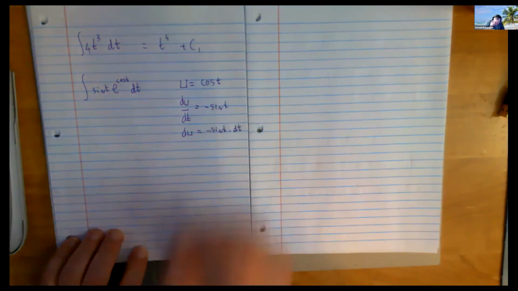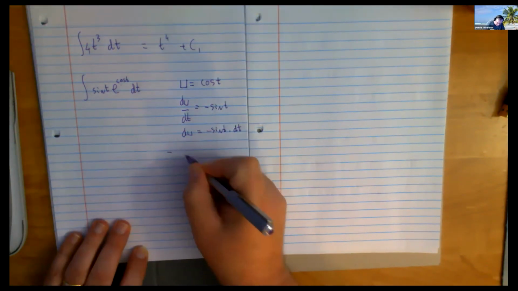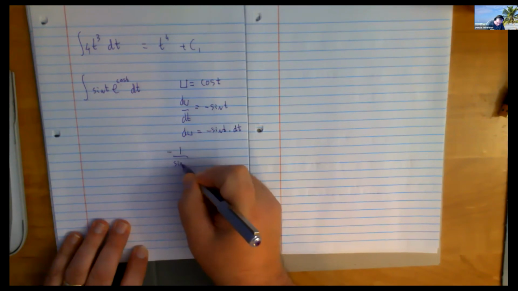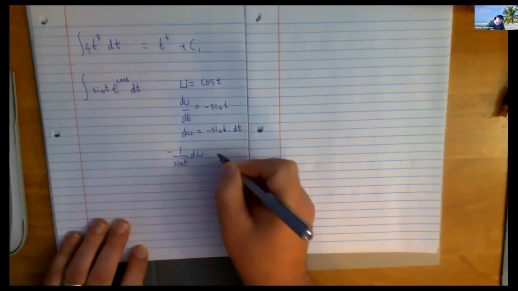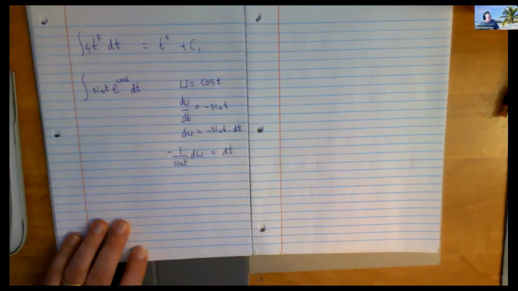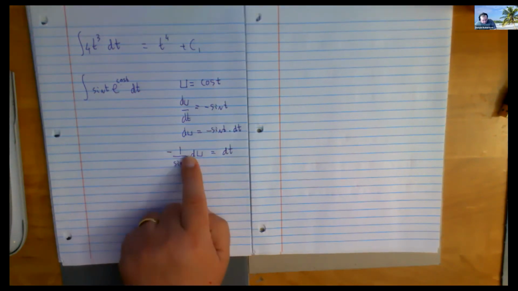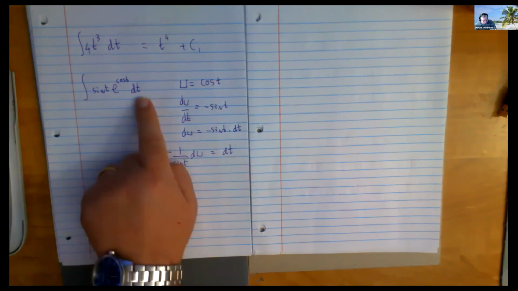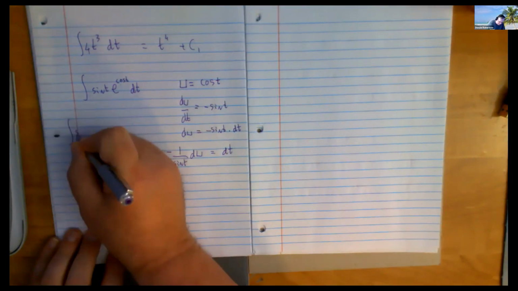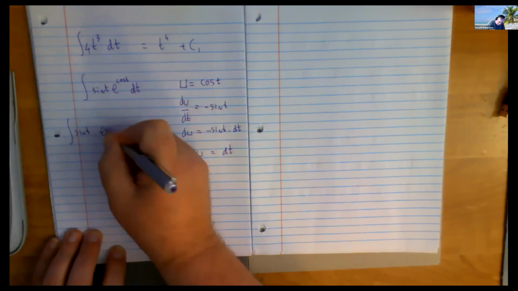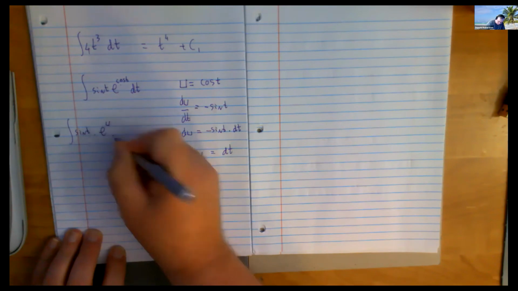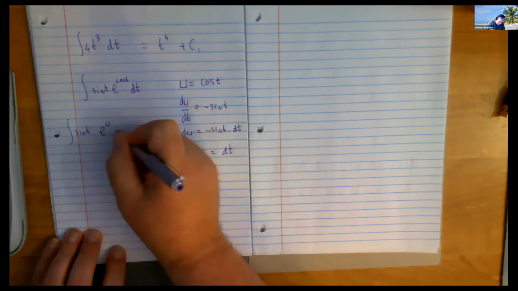In this particular case then, and this is how my brain works, I always isolate the dt. So when I'm finished, I just have dt here and whatever mess it is. The reason I do that is that all I need to do now is replace this piece. So let's see what we get. I get a sine t, which I'll leave for a minute. The e to the cosine becomes e to the u, and the dt gets this guy.